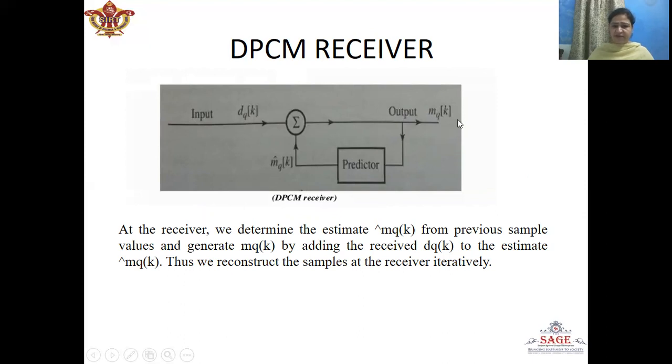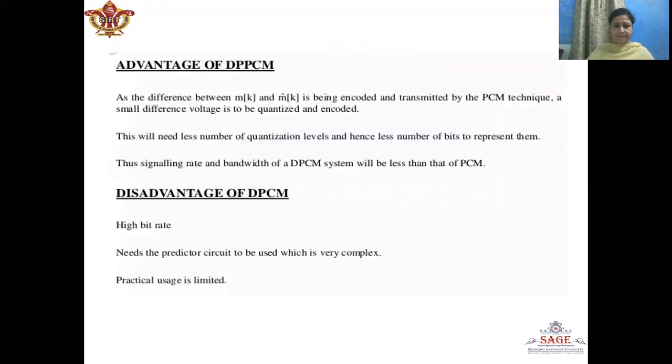So at the receiver, we determine the estimate MQ cap K from previous sample value and generate MQK by adding the received DQK to the estimate MQ cap K. Thus, we reconstruct the sample at the receiver iteratively. Thus, the signal at the receiver differs from the actual signal by only quantization error, which can be removed by giving it to the low pass filter. So this is how we will generate our message signal at the receiver side.